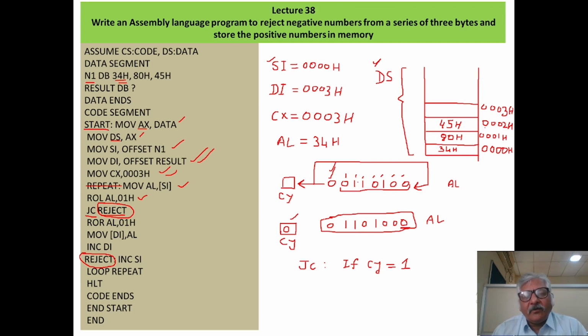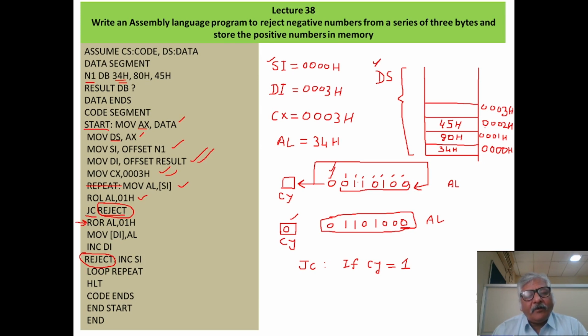So we are not going to reject this number. We want to store this number. So the JC reject instruction will transfer the sequence of the program to the reject label if the carry flag is 1.